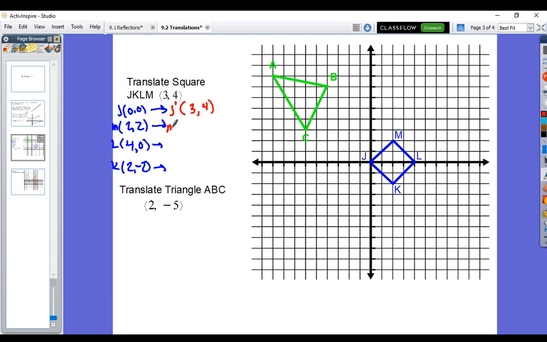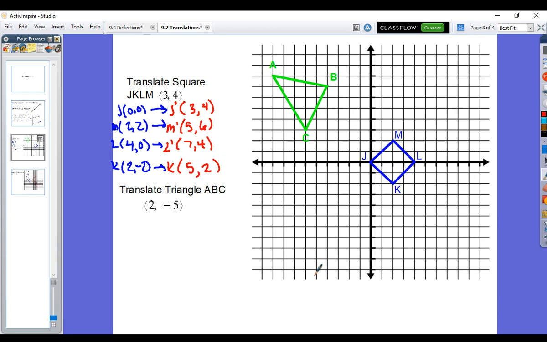M prime: 2 plus 3 is 5, and 2 plus 4 is 6. L prime: 4 plus 3 is 7, and 0 plus 4 is 4. And K prime: 2 plus 3 is 5, and -2 plus 4 is 2.